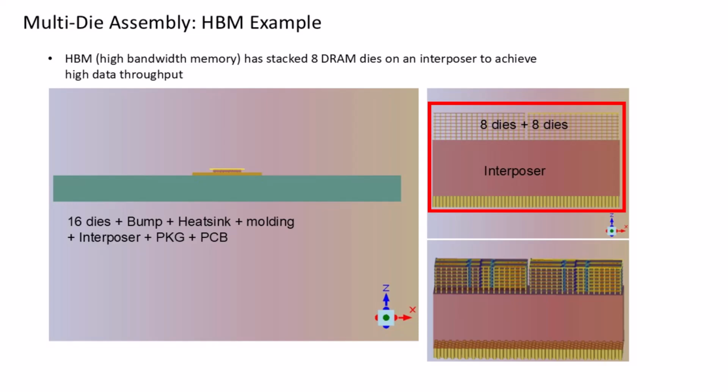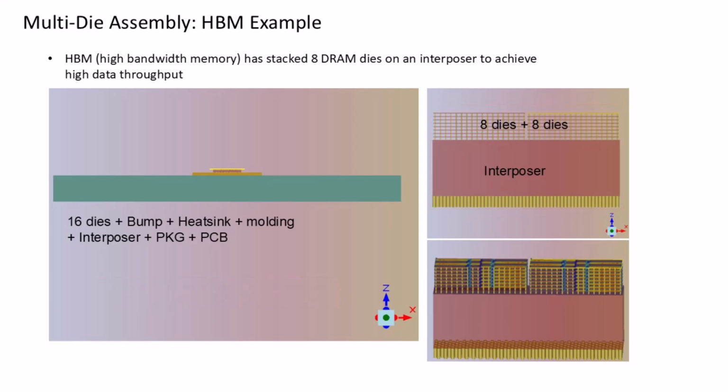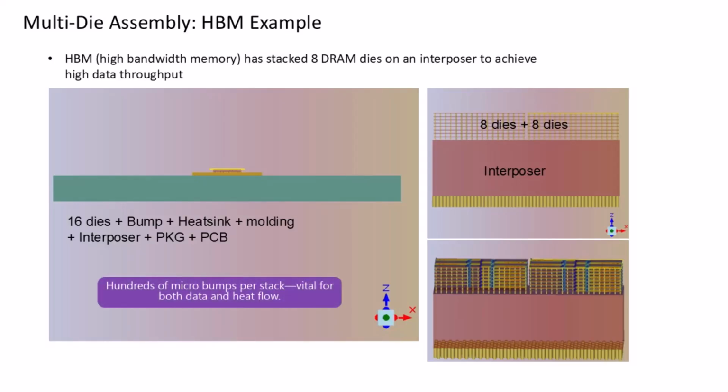So this system, as you see from the picture, has many 8-die stacks placed side by side to support ultra-high data throughput. Each HBM group connects to the interposer using hundreds of microbumps, critical for both performance and thermal pathways. This architecture is an ideal playground for thermal co-optimization strategies as a demonstration case.